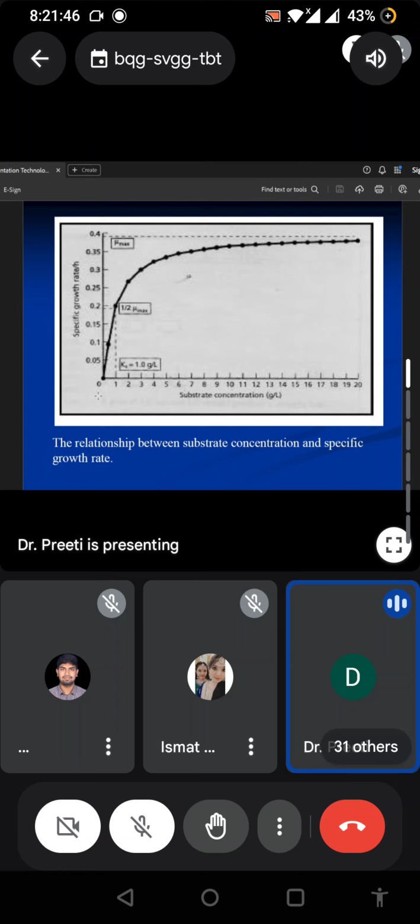It is the same thing you studied in enzyme kinetics and biochemistry, only there it was an enzyme catalyzed reaction, and here it is the specific growth rate of the cells. So if you increase the substrate concentration, the growth rate increases, but to a certain degree, after that a plateau is reached, that is the mu max. Mu max means the highest maximum growth rate that could be achieved. If you add more substrate than that, you are simply wasting money.